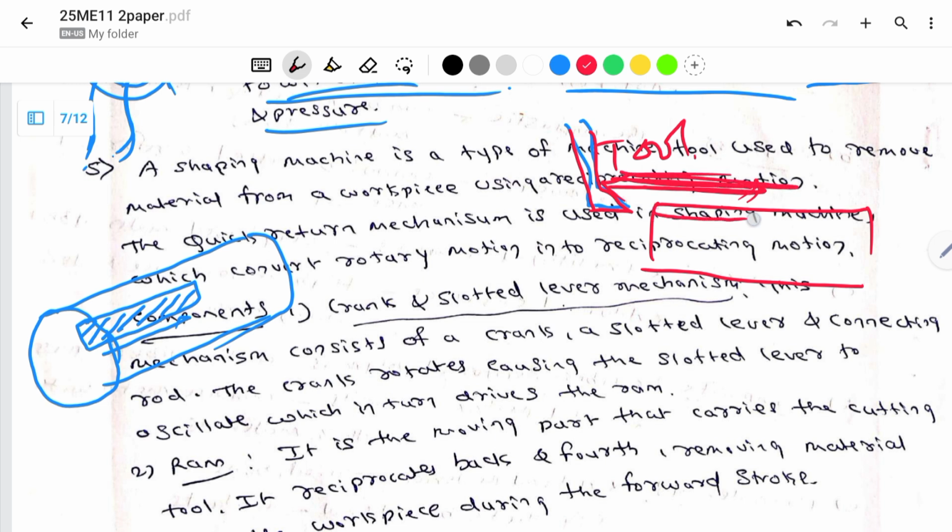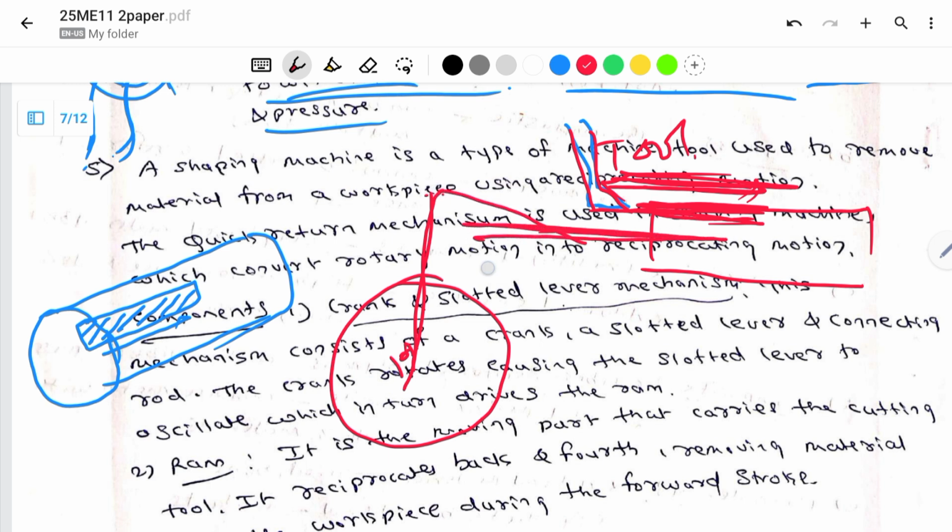Because of this movement, the material is removed layer by layer. Here the rotation is provided by some motor, so the rotary motion has to be converted to reciprocating motion.